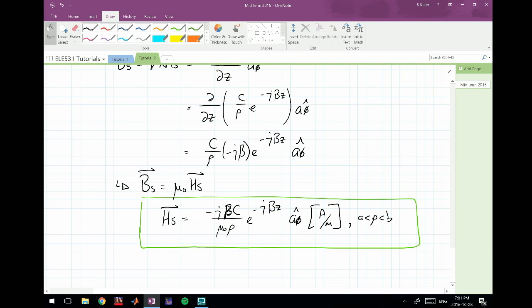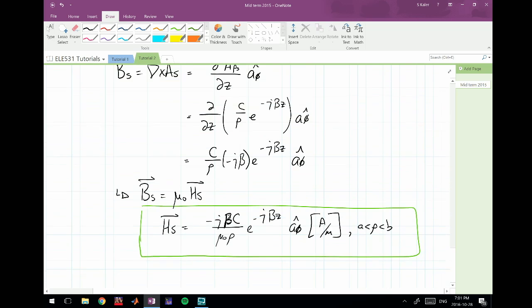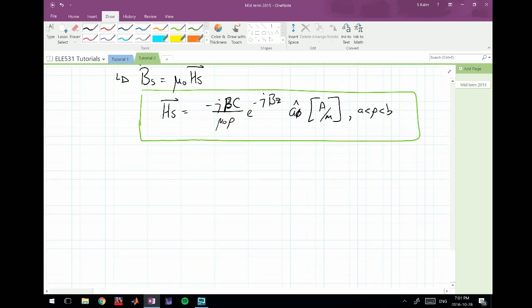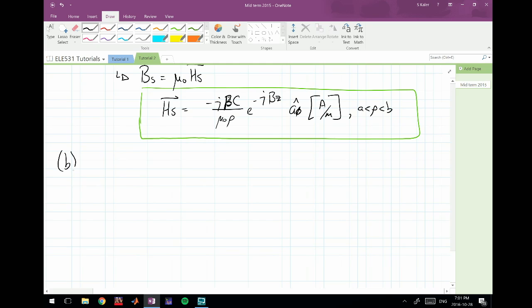Frequency domain electric field intensity in the region based on Hs, and now guess what? We can use Maxwell's equations now. Okay, so find Es. How do we do this? There's a couple of ways you can do this.